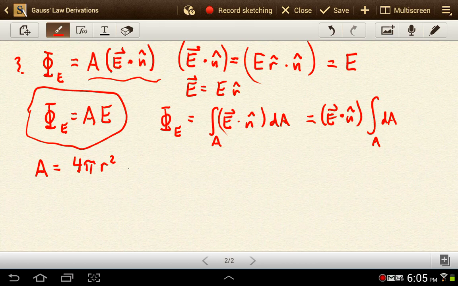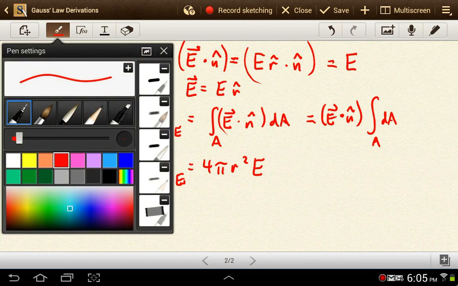So our entire flux is equal to 4 pi r squared times the electric field on the surface. This electric field could be a function of little r, but it can't vary with anything else. We know that.